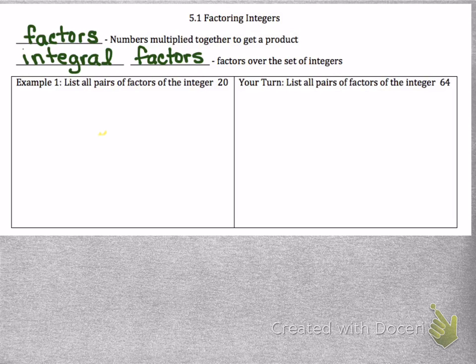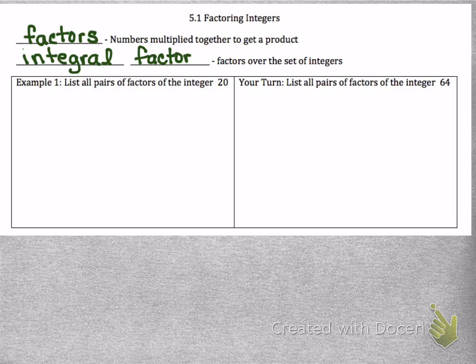So when we are looking at factors of the integer 20, we want to list all the pairs of the factors of the integer 20. So thinking about things that you can multiply to get 20, to make sure you're getting all the factors, you want to list them in pairs.